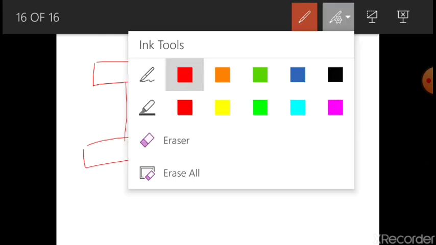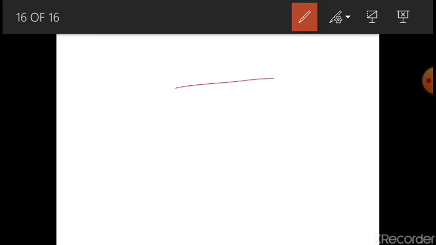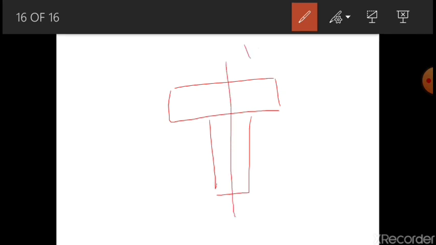In the case of the T section, it will always be symmetrical along the y axis.